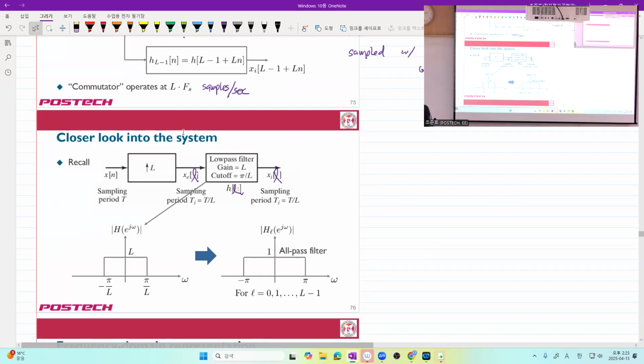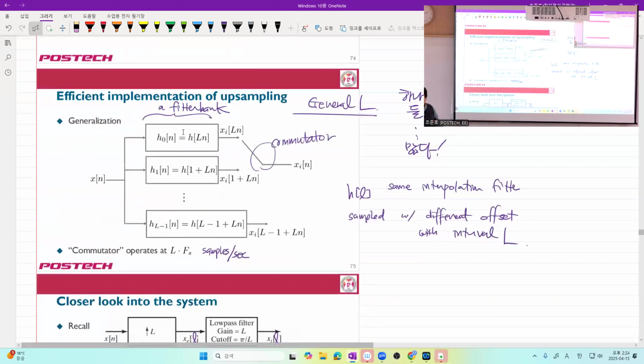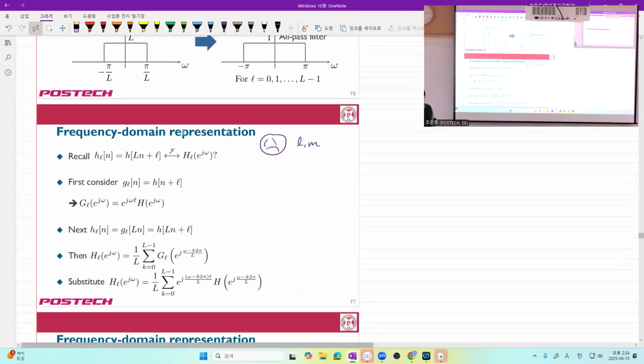Got it? And this part is not that difficult, so you do it yourself. What you need to do is that the interpolator can be written in this form and also in that form. Got it? And you must be capable of handling both of the representations.